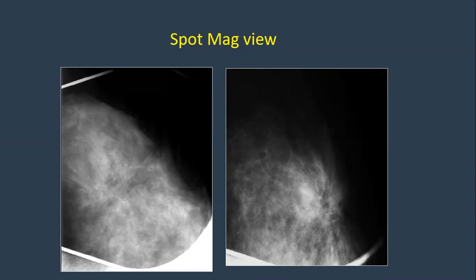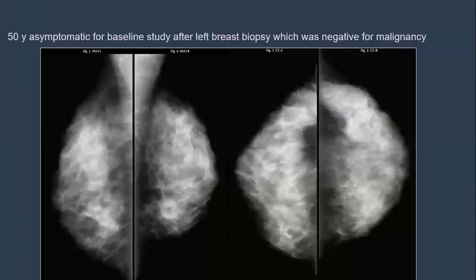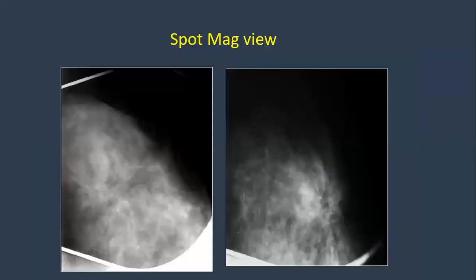So it confirms the architectural distortion. So, asymptomatic baseline after left breast biopsy, which was negative for malignancy. What are the questions you would like to ask?